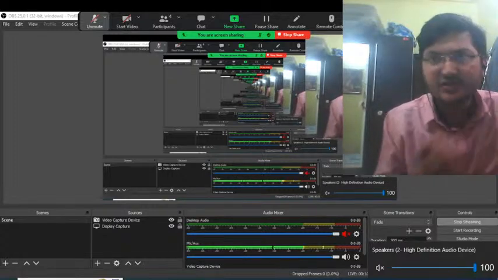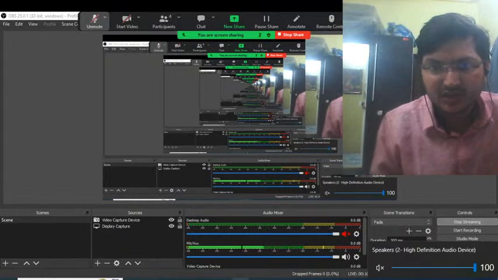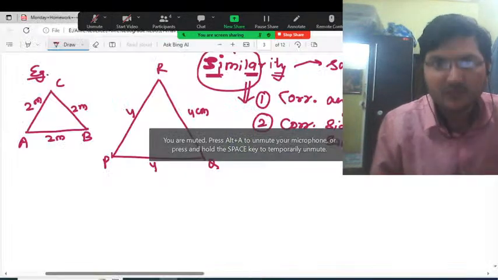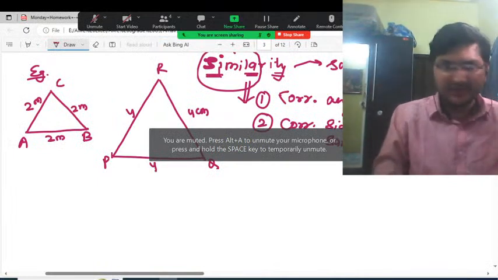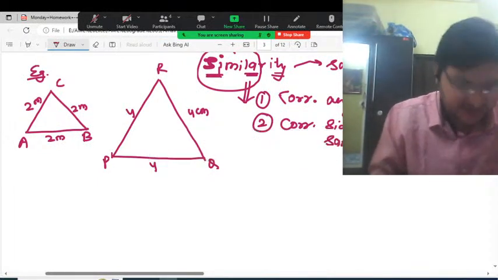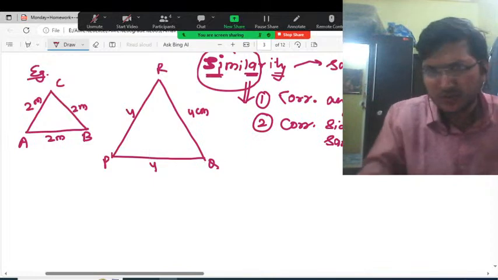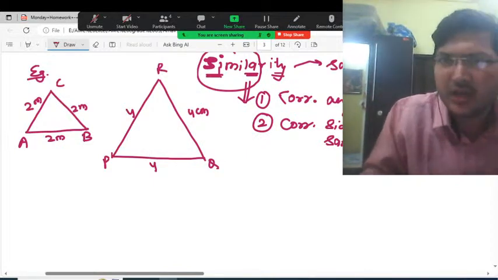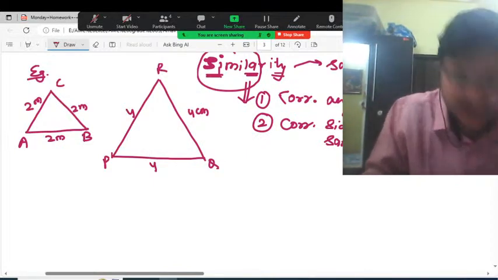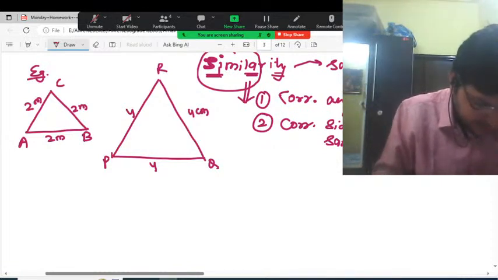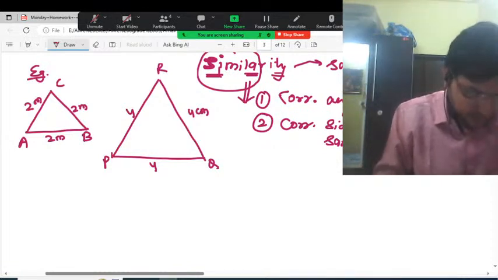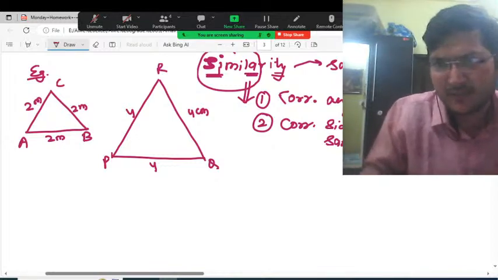Okay, all right. First, you just understood the concept that whenever you have two similar figures, their corresponding angles are same. Note it down: same shape, and size may vary.